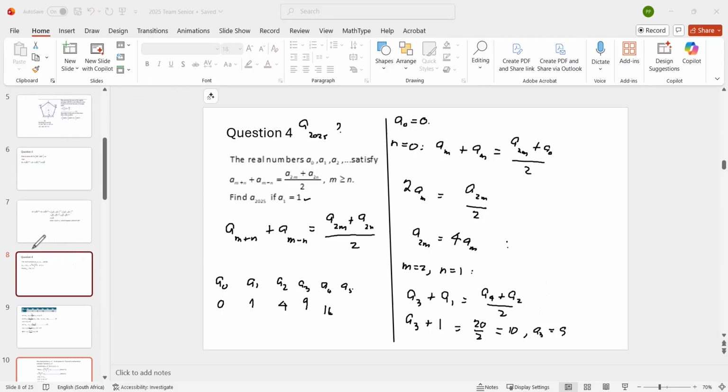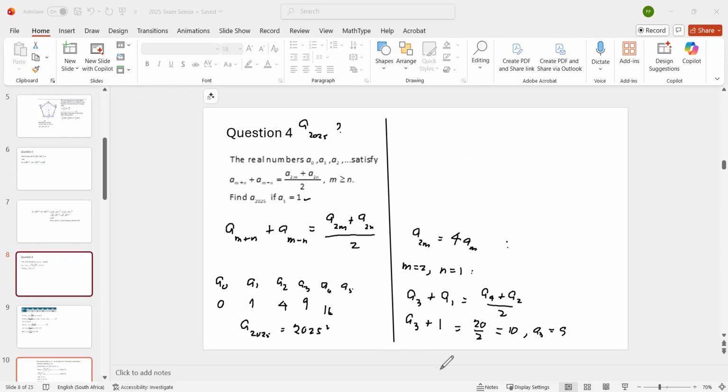So our suspicion: in a competition, you would have said that we have the pattern, and with no further ado, you could have just written down that a_2025 equals 2025 squared.